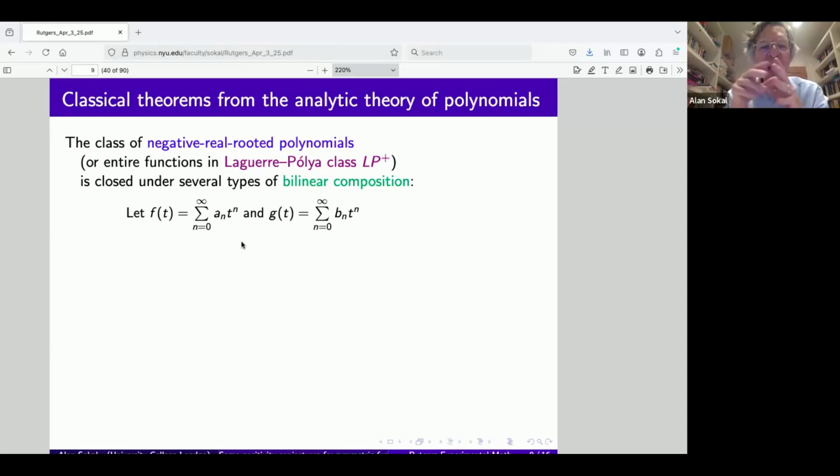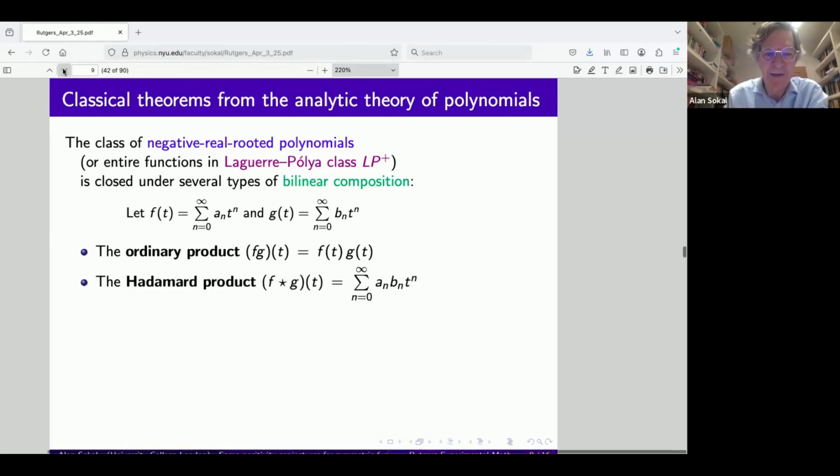And the point is, the class of negative real-rooted polynomials, or entire functions in the Laguerre-Polya class, is closed under several types of bilinear composition. So start with two such things. One of them is the ordinary product. Well, that's obvious, right? If the roots of f and g are negative real, then the roots of their product are negative real. That's not very interesting.